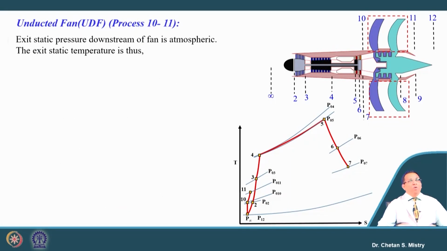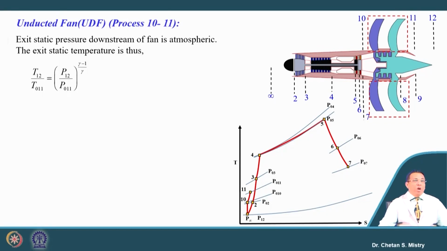Okay. Now, let us try to understand the later part, because we are more interested in what is happening at the exhaust. This exhaust we correlate in terms of thrust, and thrust we know is correlated with the momentum thrust, momentum drag as well as pressure thrust.